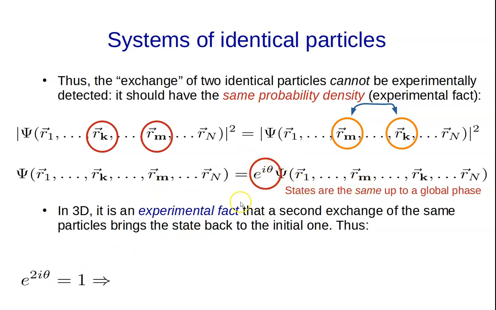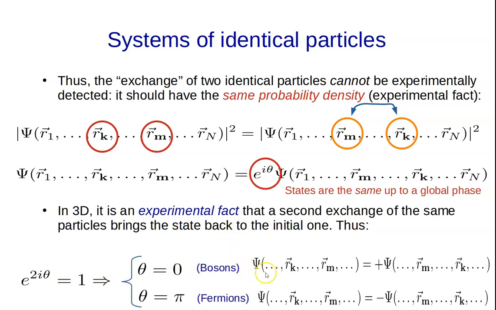It means that if you do the same operation twice, you get this phase squared. You would have e to the i theta squared equals 1. It means that these phases not only are the same, but they can only be either 0 or pi.